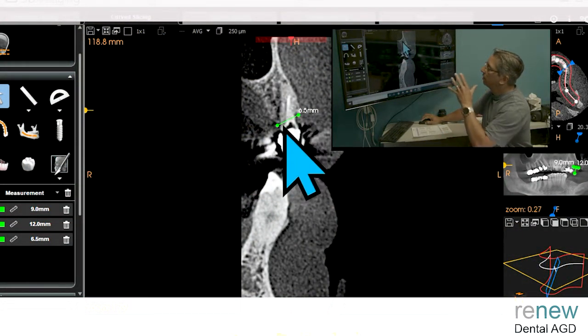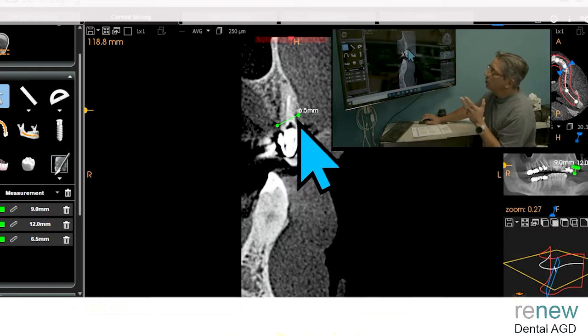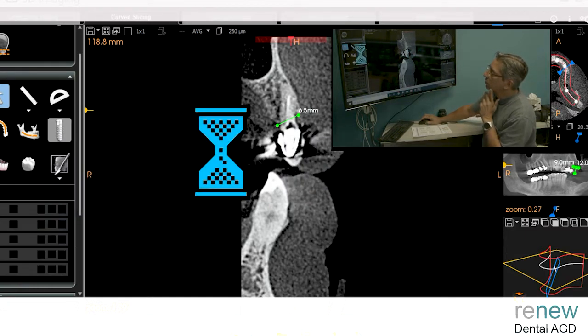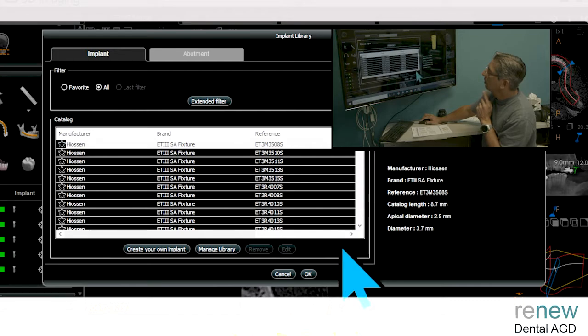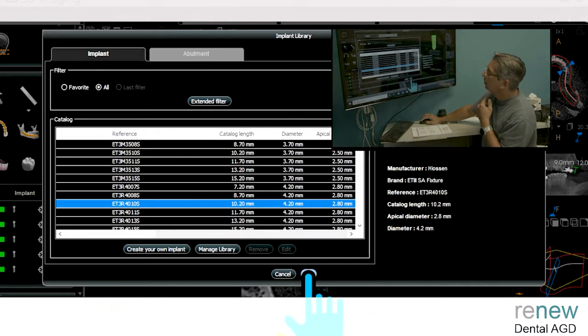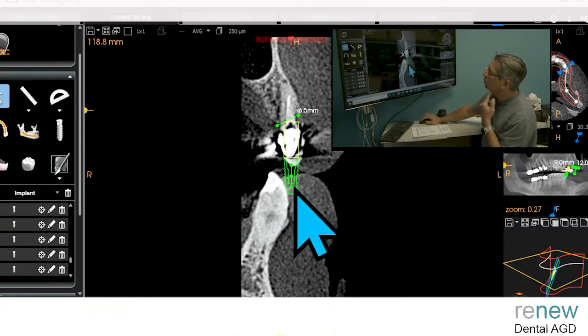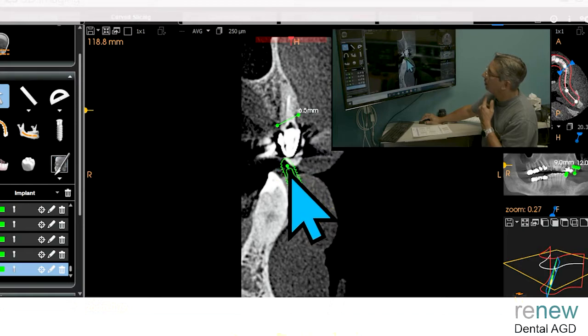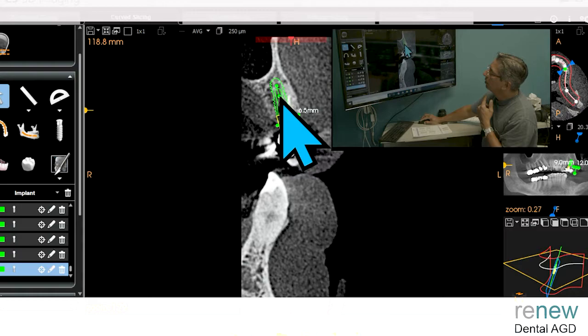So you've got this angulation. You could do an immediate placement. Let me just see. Let me put an implant in there and see what we could do. If I did a 4.2 by 10, that's usually my go-to premolar size, sometimes 11 and a half.